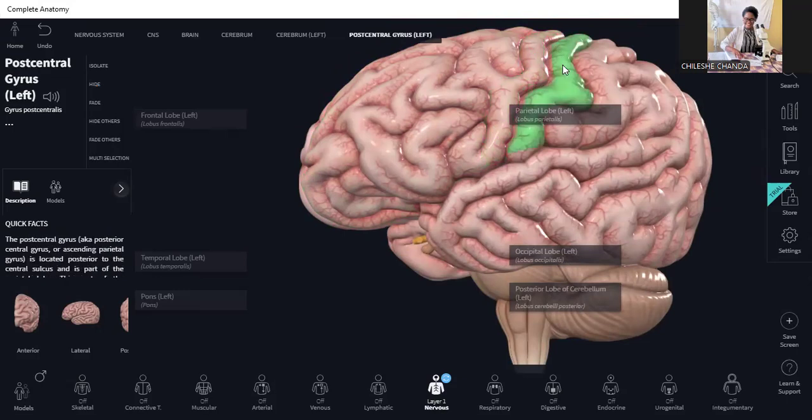And immediately posterior to the central sulcus, you're going to find the postcentral gyrus, or the somatosensory area. And so these two are some of the major gyri that you are going to find. And you are going to name all these gyri in the next video. So these are some of the features of the cerebral cortex.